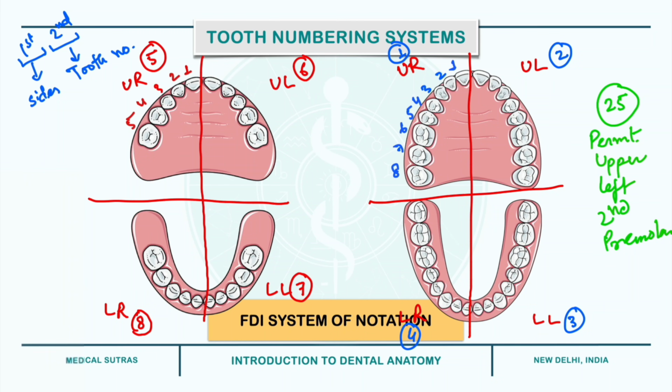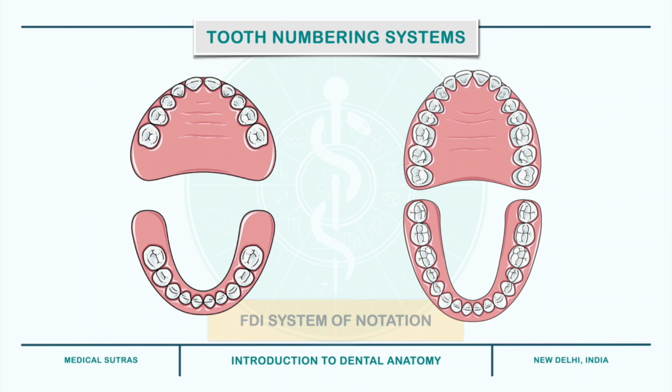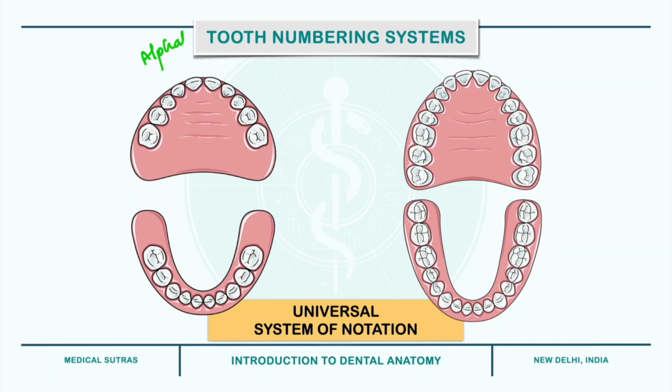Next, another system for tooth numbering is the universal system, in which the primary teeth are represented using alphabets and the permanent teeth are denoted by numbers. In primary dentition, the notation starts from the upper right second molar and moves in a clockwise direction towards the upper left second molar.